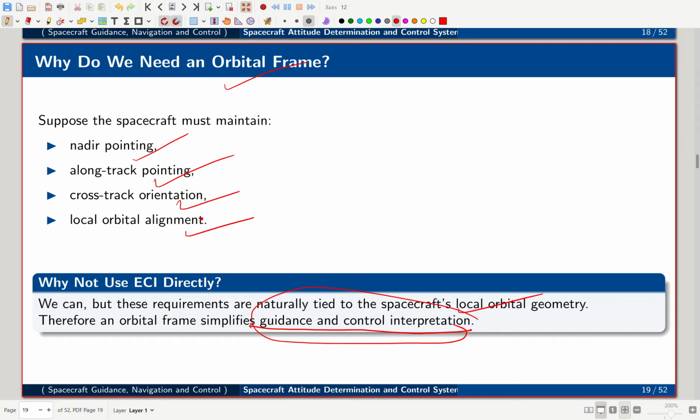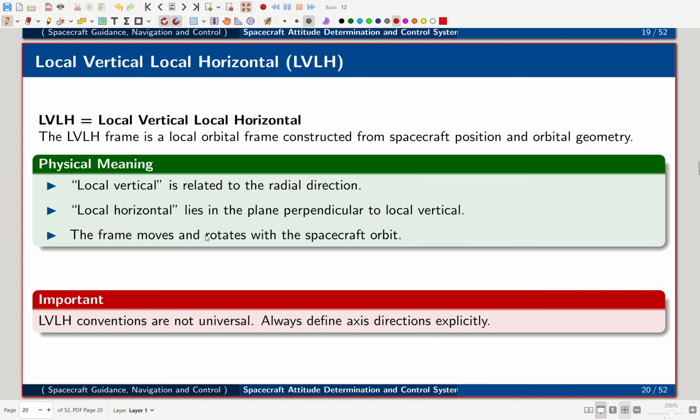We will use ECI also, but the point is that naturally we link to the local orbital frame, right? So local vertical, local horizontal. This is very important.